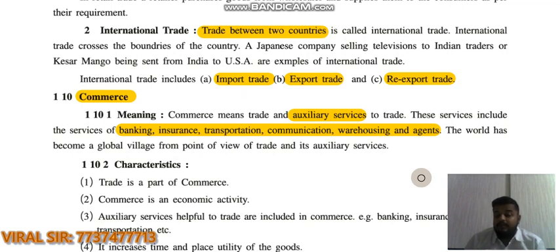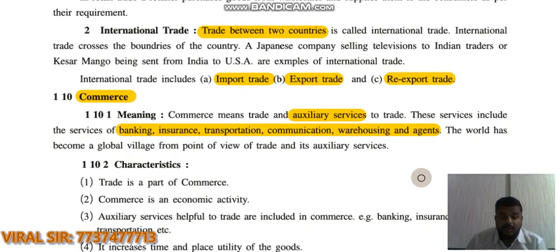Now for example, can we assume any business without a bank account? Can we assume any business without a contact number, email or telephone numbers? Can we contact them? Can we assume any business without using transportation facilities? Can we assume any business without warehouses, that is godowns?